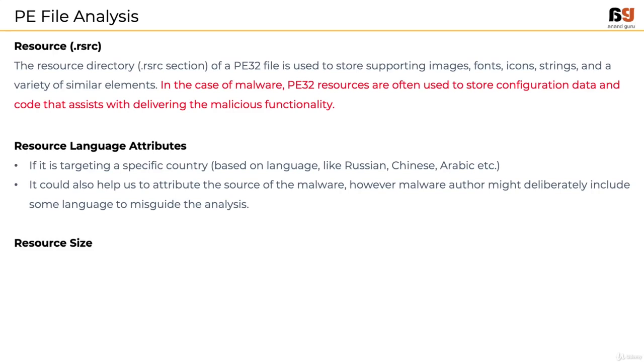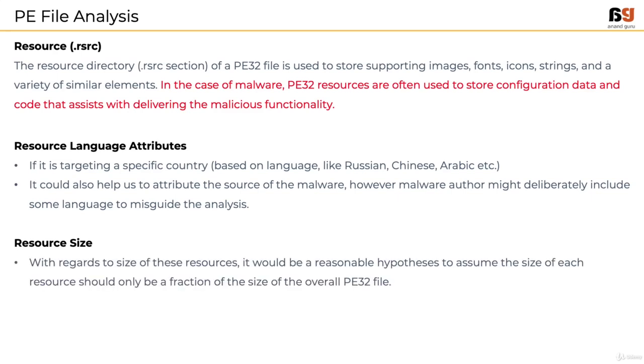Next, we will look at the size of the resource section. Usually, the size of the resource section will be less compared to the overall file size, like less than 25% compared to the overall file size. That is, if the full file size is 1 MB, the resources could be around 250 to 300 KB.